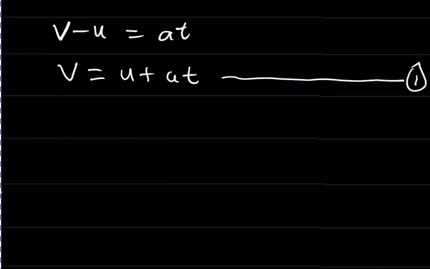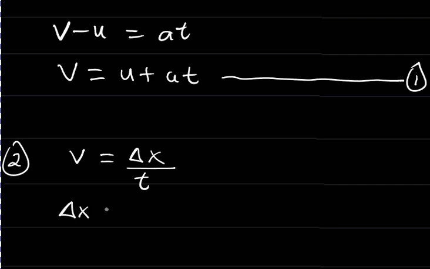Now the number 2 derivation. We derive that from velocity. We know that velocity or speed is equal to change in distance over time. So invariably, change in distance is going to be velocity times time.